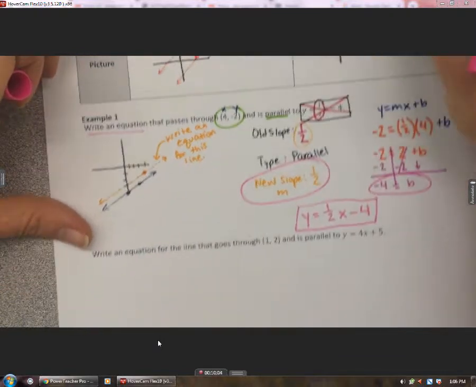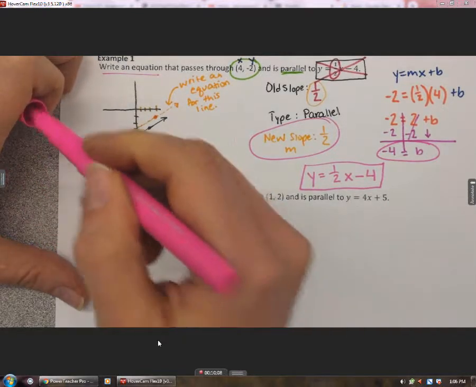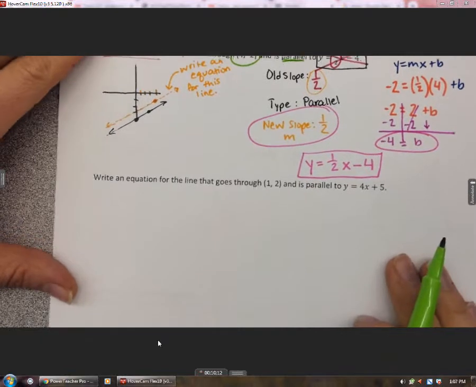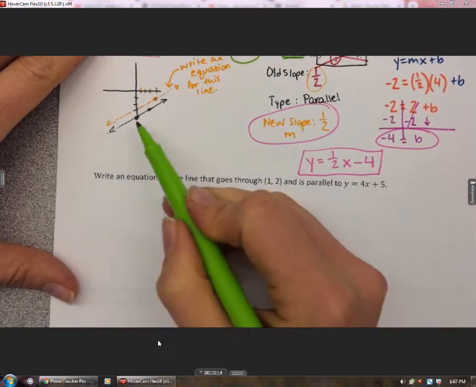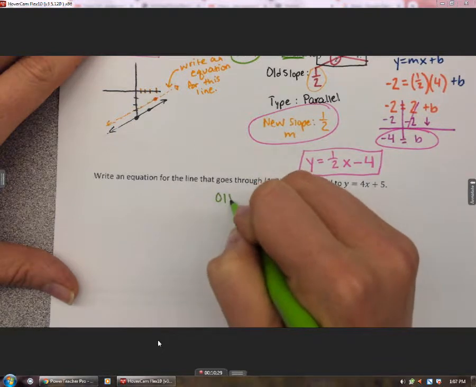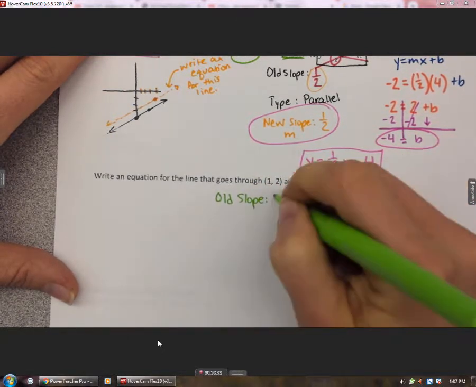Okay, let's try another one. Write an equation for the line that goes through this point, and it's parallel to this one. I'm not going to draw my picture. I'm just trying to give you an idea of what's going on here. So I need to know my old slope from this equation right here, which is 4.